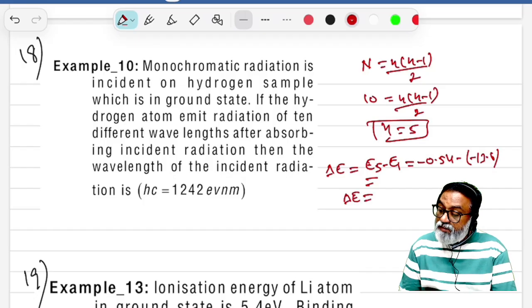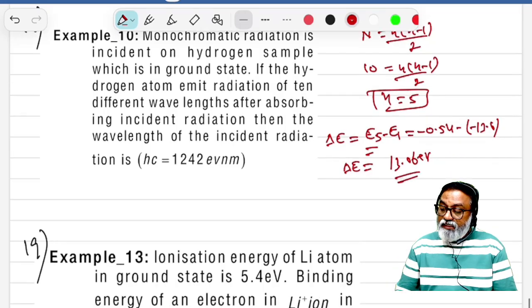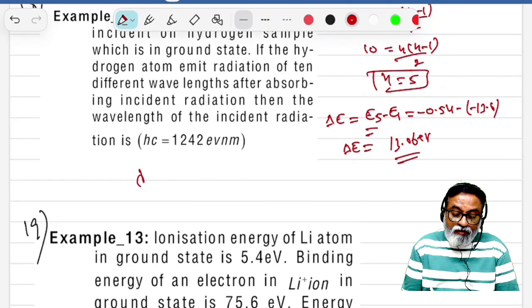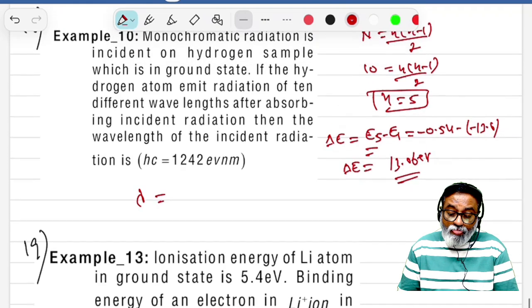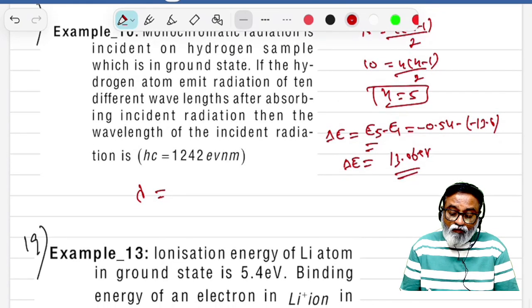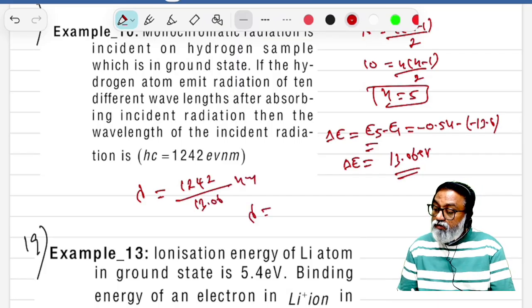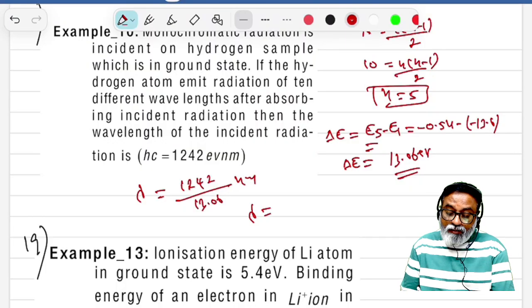That delta E is given as 13.06 electron volts. For this energy, we have to find out the wavelength. So, lambda is equal to hc by delta E, where hc is given as 1242. Therefore, 1242 by 13.06, we get the value in nanometer. Therefore, lambda is equal to 95.1 nanometer.